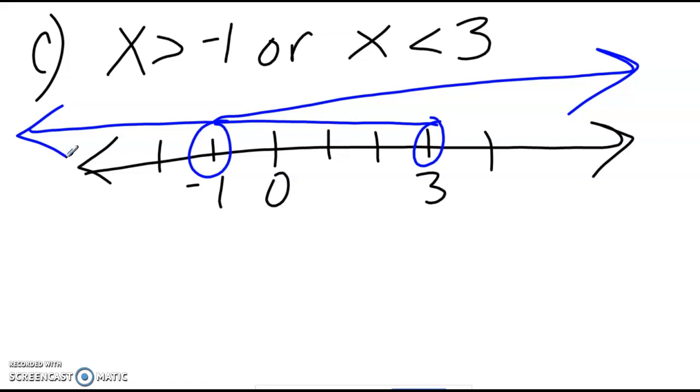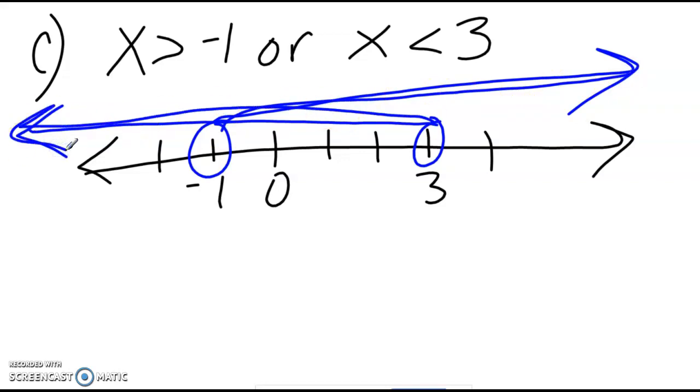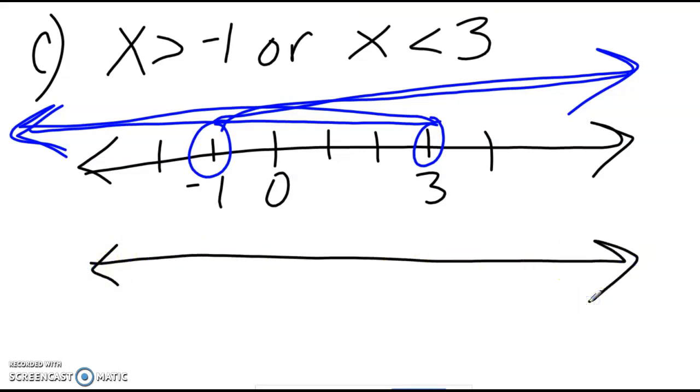Is everything in the middle covered? Is this 3 covered by this one? Yep. Is the 1 covered by that one? It is. It looks like the whole number line is covered by this. And it is. Because remember, OR means you just put them both together and that's the solution. This is the whole number line, which is another way of saying all real numbers. Have you ever heard that before? Well, hopefully you have. If you haven't, you're going to hear it now.